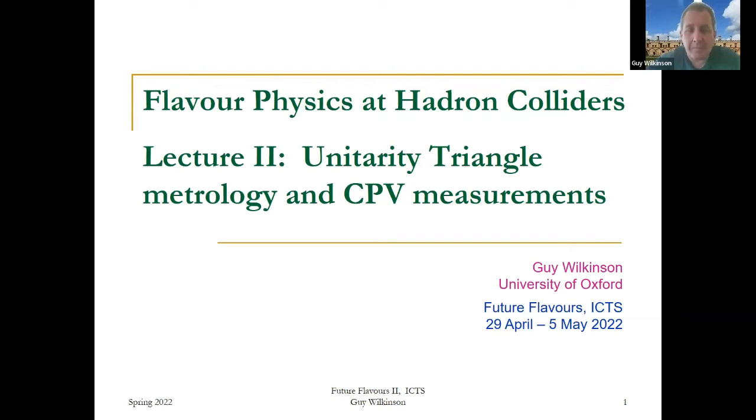This is unavoidable. Now, today we plunge into the flavor physics proper, and I want to address CP violation, indeed the wider topic of the unitarity triangle, and how we measure its parameters, and how LHCb contributes to that.